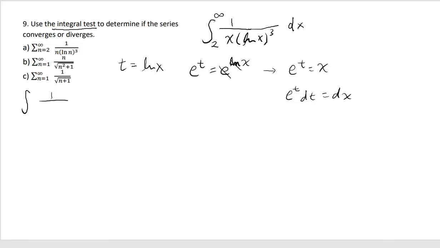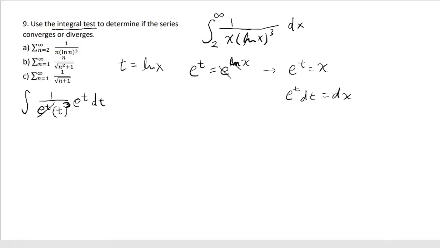So this x is now replaced by e^t, and ln x is replaced by t, and then we have the integral of e^t dt over e^t t^3.